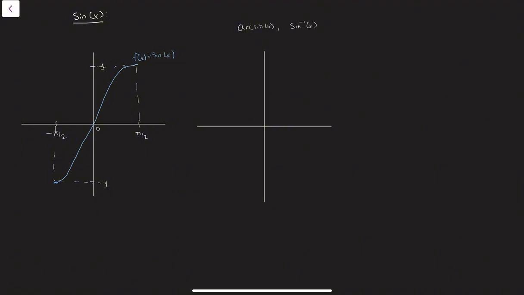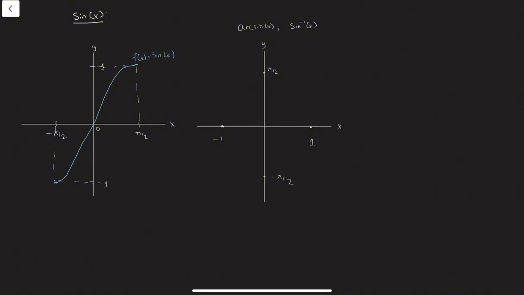And we know that the inverse function is the original function reflected across the line y is equal to x. So if we do that, then we can say getting the inverse, so then this is the y-axis and this is the x-axis, y and x. Then over here we have these values, negative 1 and 1, and we have pi over 2, negative pi over 2.